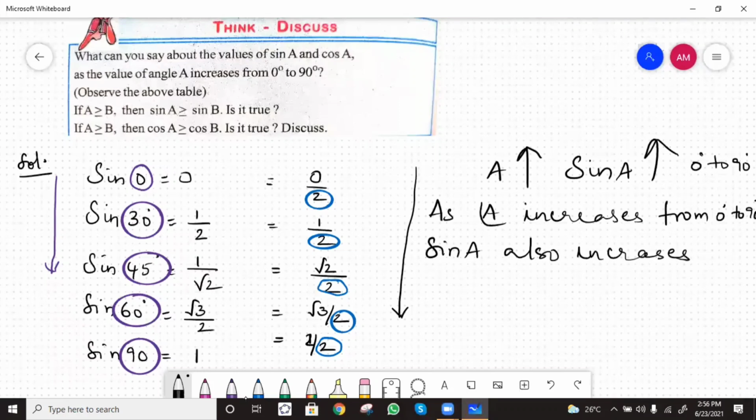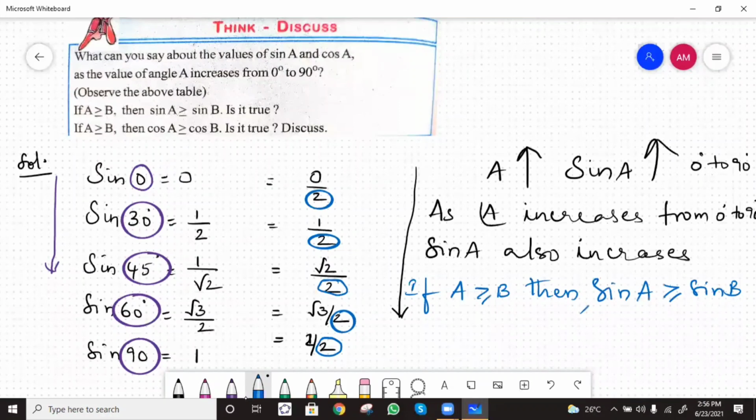Is it clear? So what is the conclusion of this part? If A is greater than or equal to B, then since it is increasing, sine A is greater than or equal to sine B.